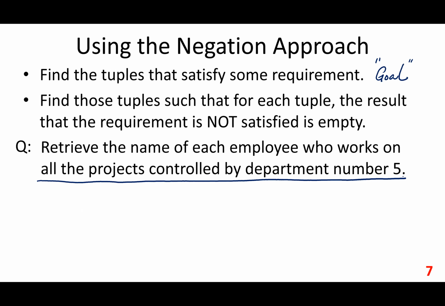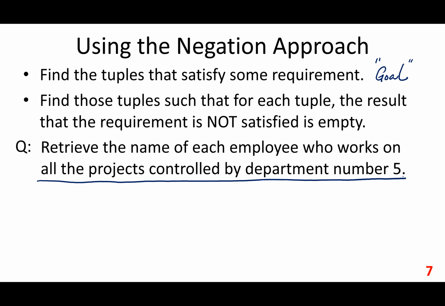But how do we get there? Yeah. All right, so we want to see, yeah, we want to represent not satisfied, right? Yeah, not satisfied. So what do you mean here? Not satisfied. Yeah.